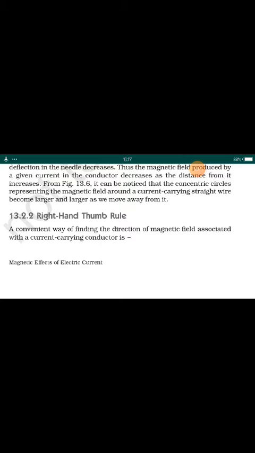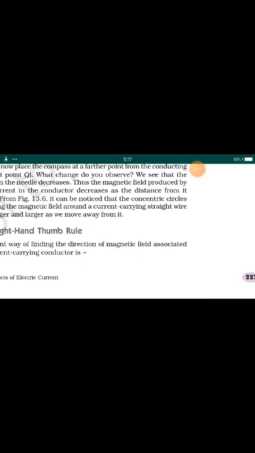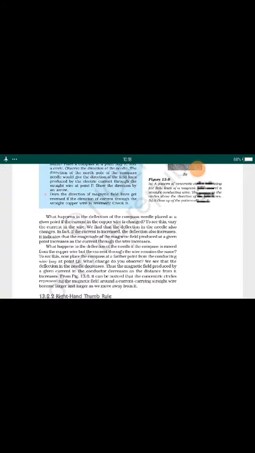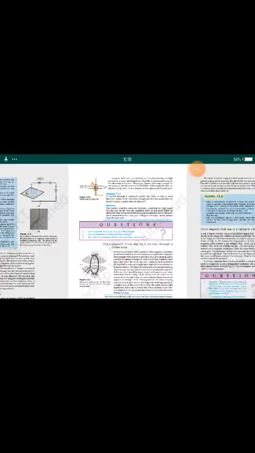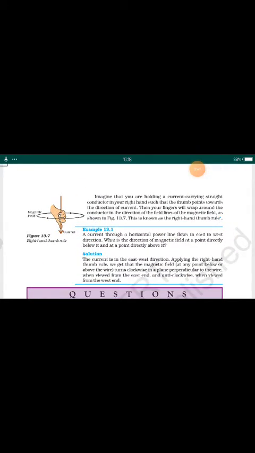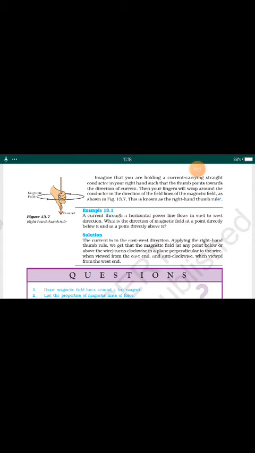राइट हैंड थंब का रूल दिया है। हमारा राइट हैंड हमको ऊपर करना है। A convenient way of finding the direction of magnetic field associated with a current carrying conductor is: imagine that you are holding a current carrying straight conductor in your right hand, such that the thumb points towards the direction of current.